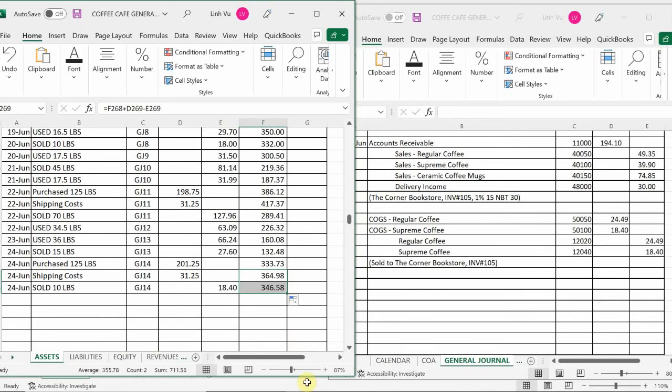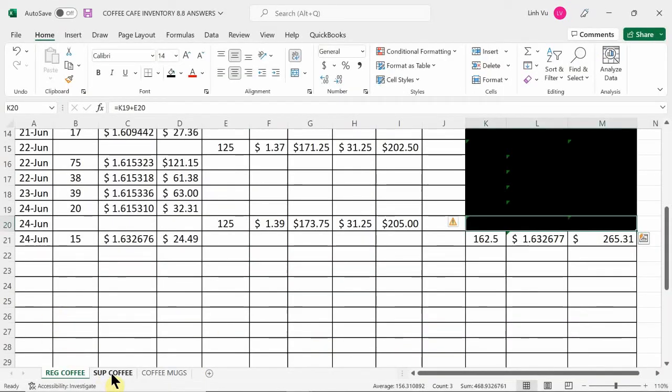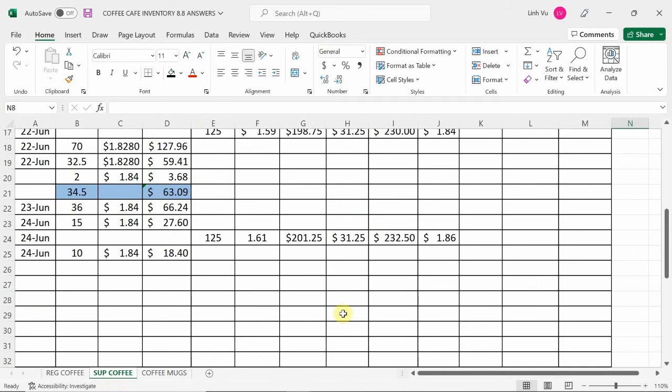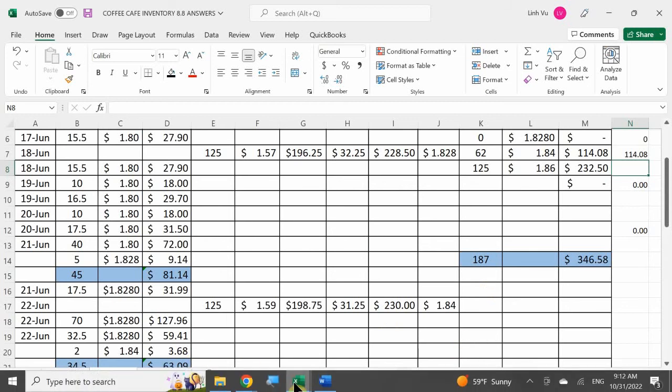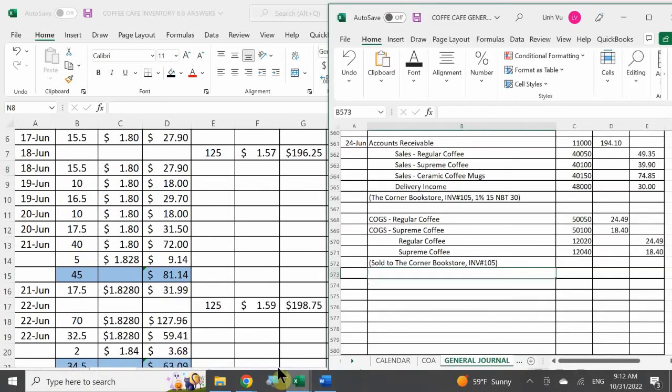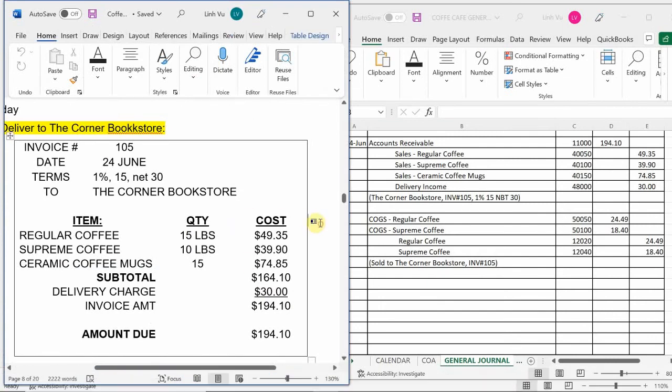Okay, $346.58. Does that match your inventory worksheet? And I believe that should. Yep, 346.58. Good. Okay. So we are officially done with that transaction.